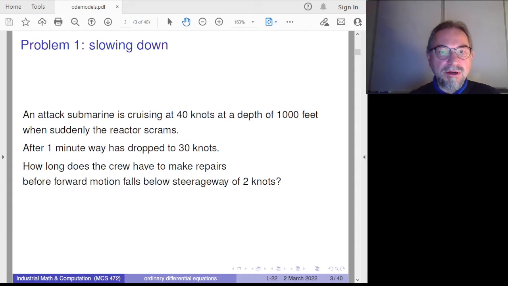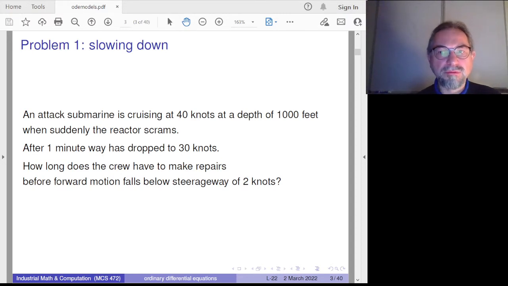Okay, so what is our first problem? So we look at a model of slowing down, and rather in a stressful environment. So we are in a submarine at 40 knots, and all of a sudden we have a mechanical problem. After 1 minute, our speed has dropped by 10 knots from 40 to 30 knots.